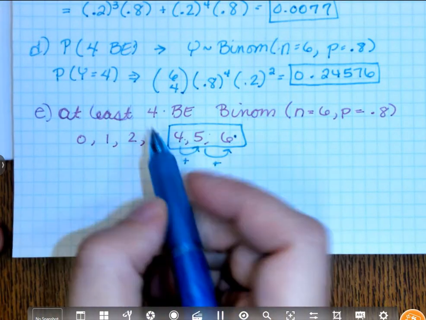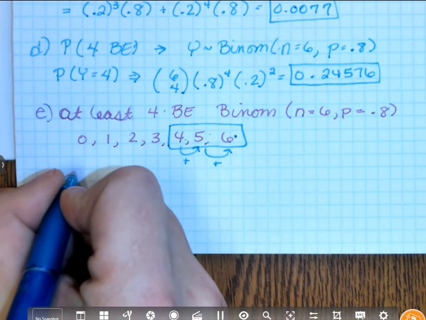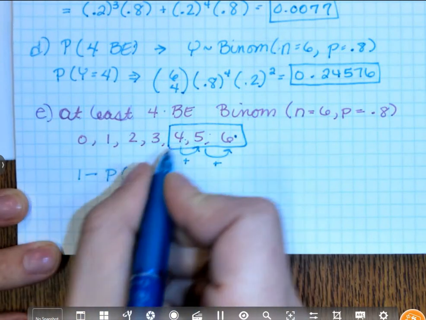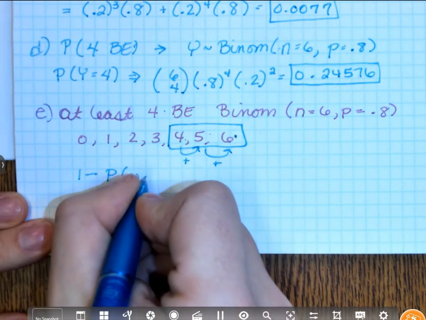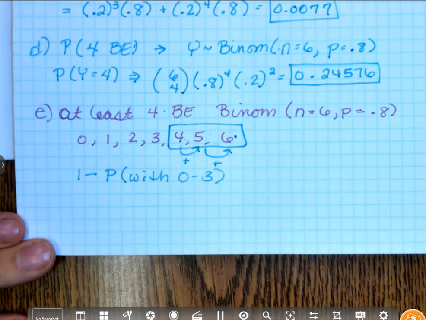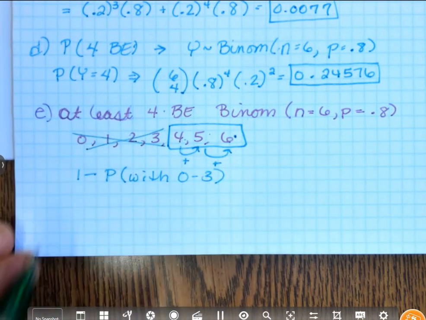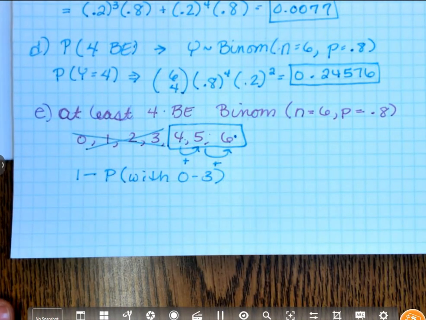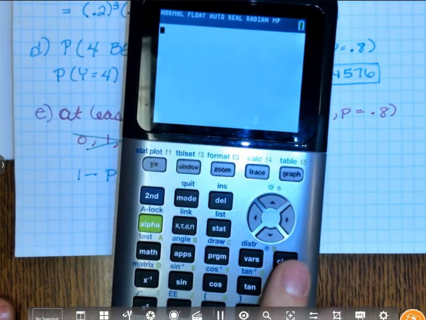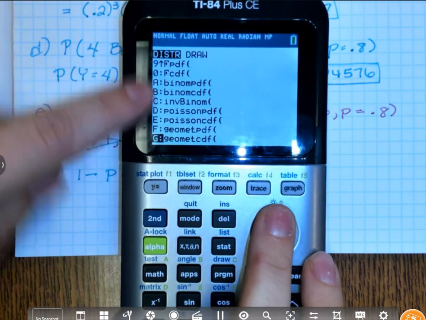What I can do is, because we're talking about one of those at least problems, I can do 1 minus the probability that is within 0 to 3. So I'm talking about doing 1 minus those. The reason why I want to do 1 minus those is if we look at our calculator, we're doing binomial.